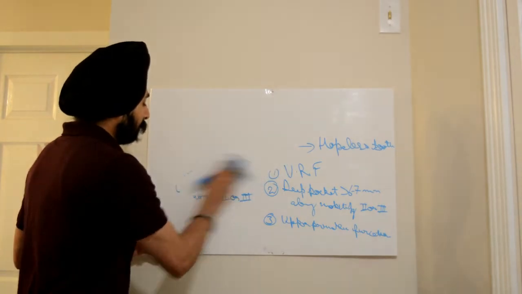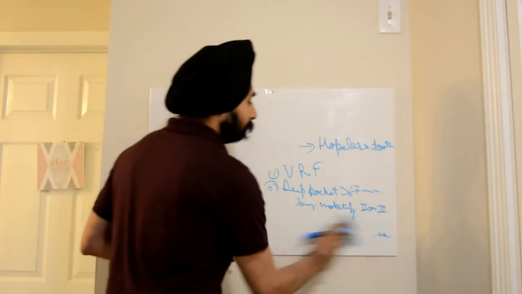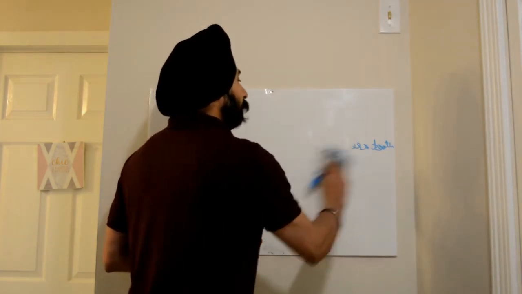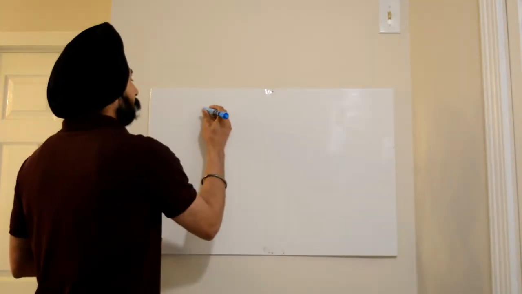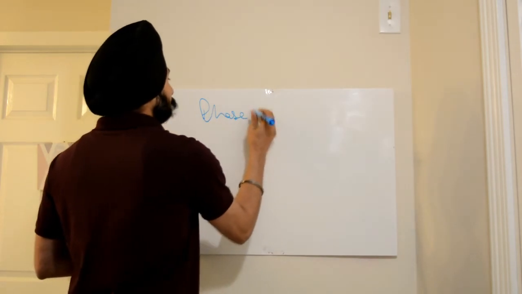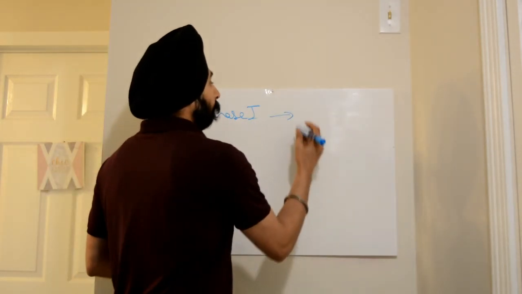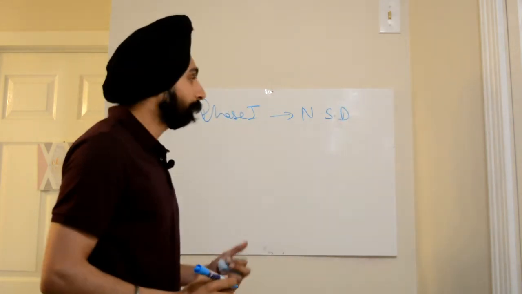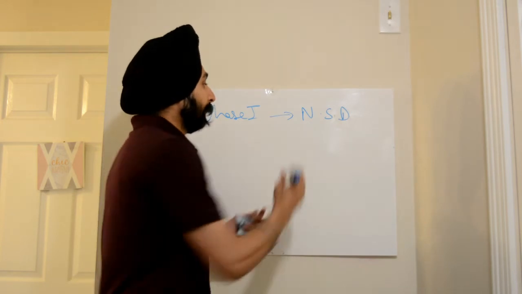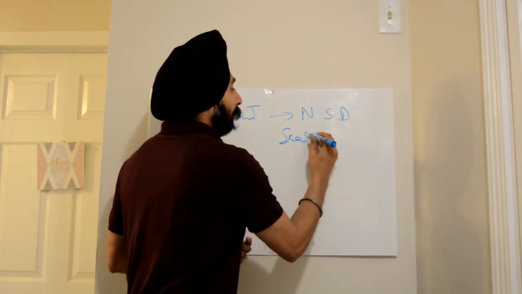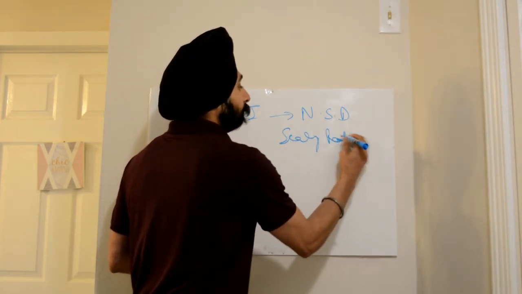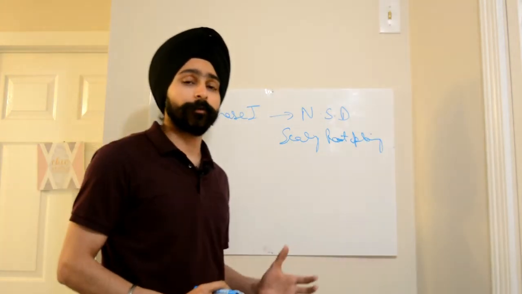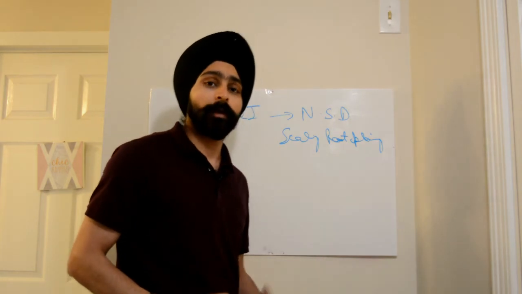Now let's talk about phase 1. Guys, in phase 1, we perform non-surgical debridement. Basically, there only scaling and root planing is performed, but no periodontal surgery, for example modified Widman flap or distal wedge.